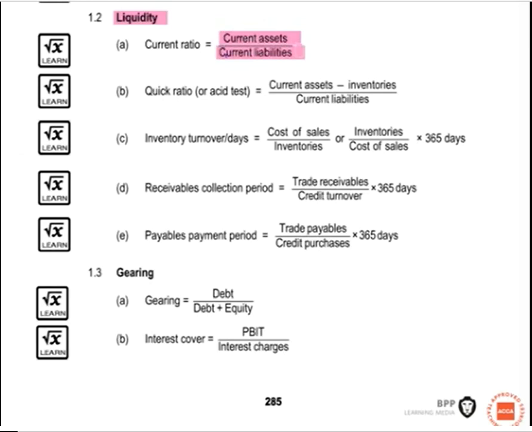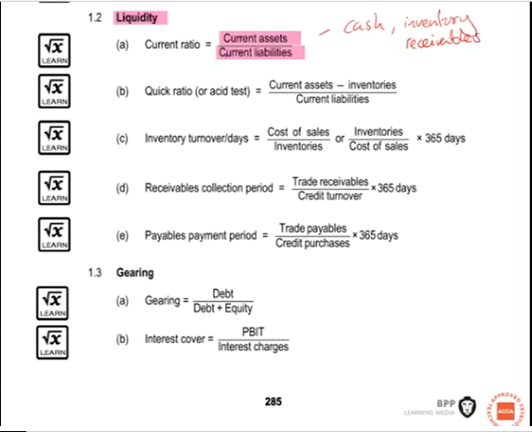So our current assets would include things like cash. Any balances that we have at the bank, for instance, would be included, or cash held on site. Will include inventory. And we can include our receivables. Money that our customers have promised to pay us but haven't paid over yet.